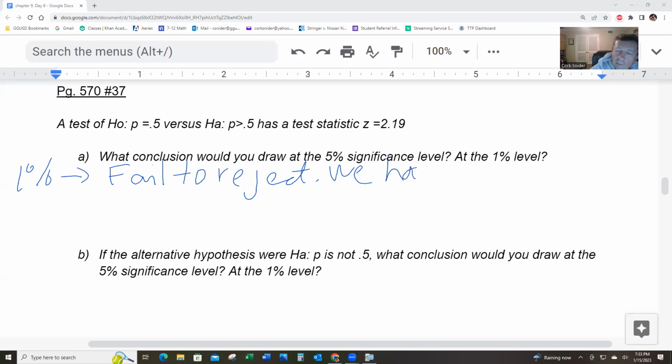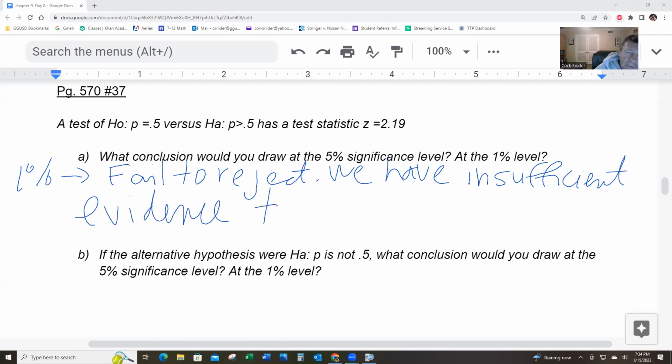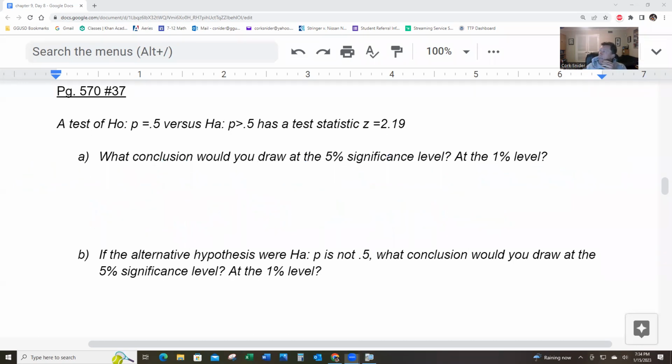We have insufficient evidence to suggest... because I don't have context. Okay, makes sense. So there's that at the 1% level. Okay, this is cool. We're kind of breaking it down for you here, just step by step.